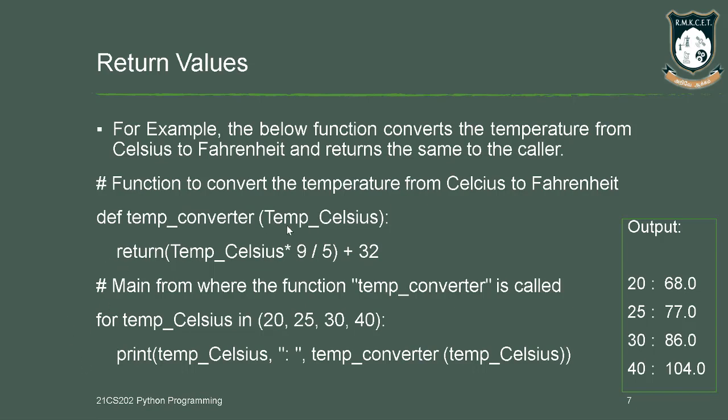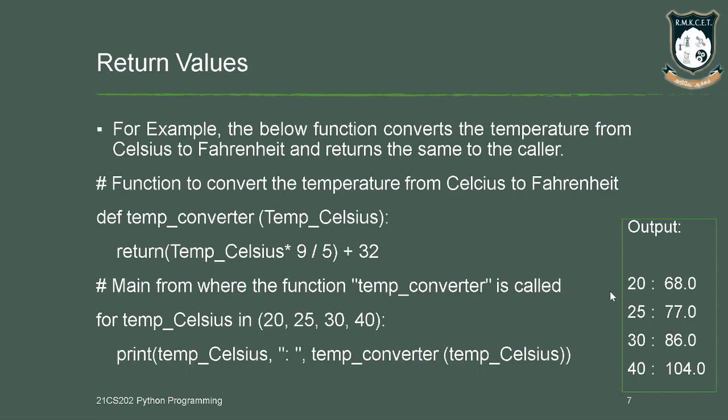The result is sent back to the function call, and once it reaches the function call, the print statement gets executed and prints the output here. Here you can see 20 68.